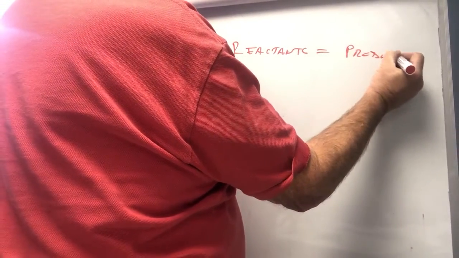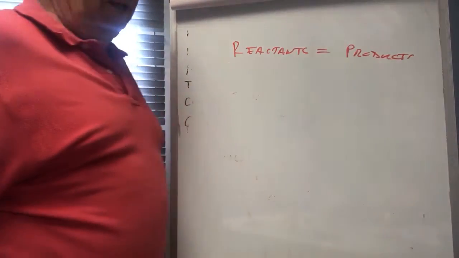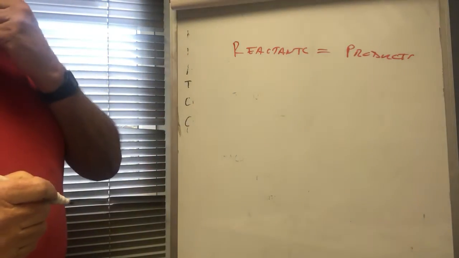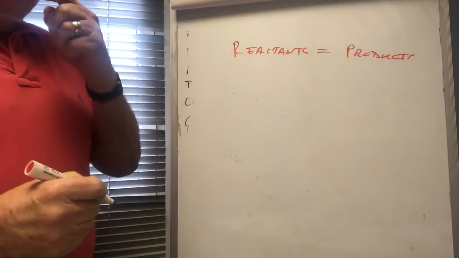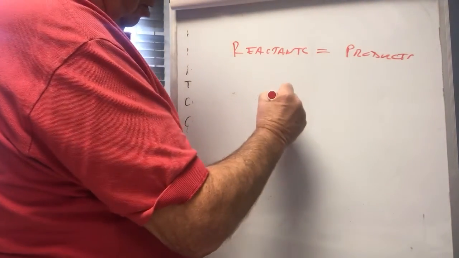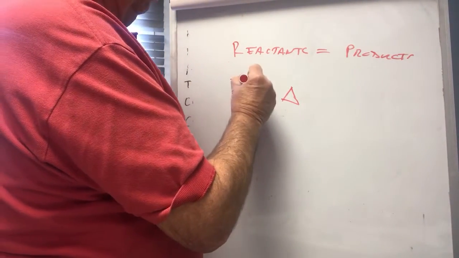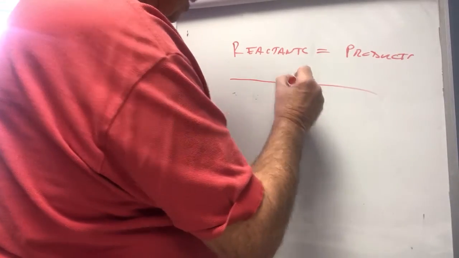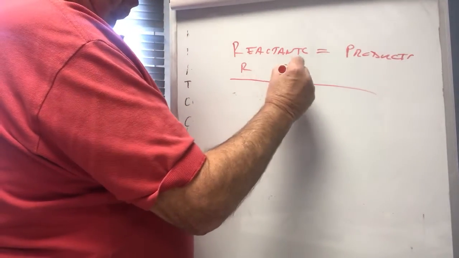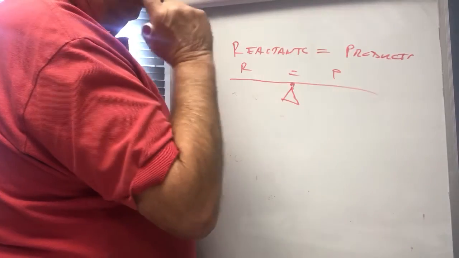You can't create things which don't exist. So in any chemical reaction, the balance, there's a little seesaw, the reactants is equal to the products.